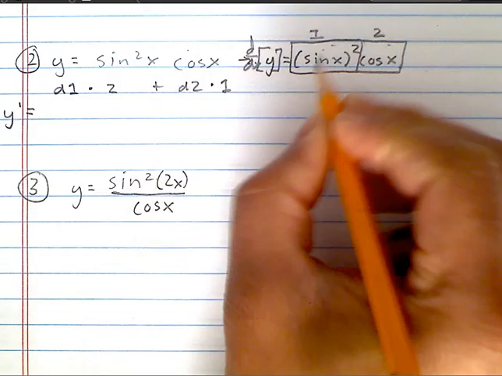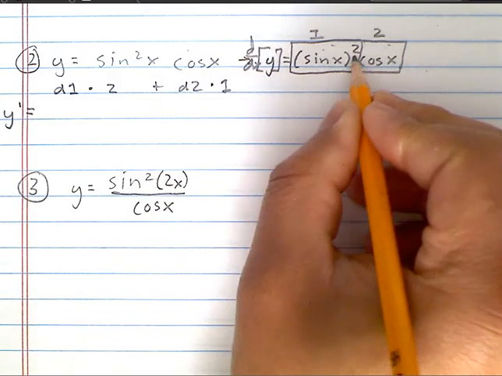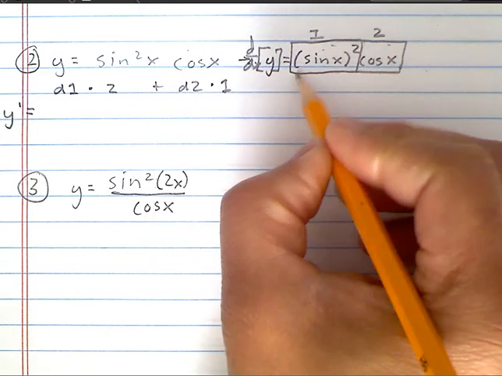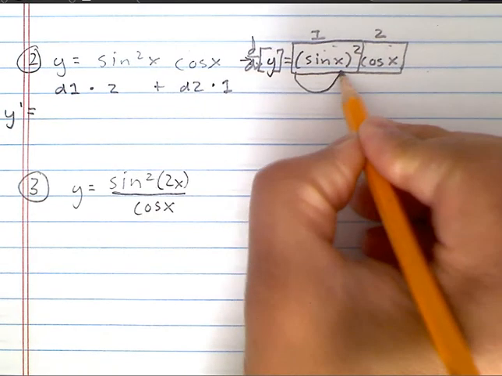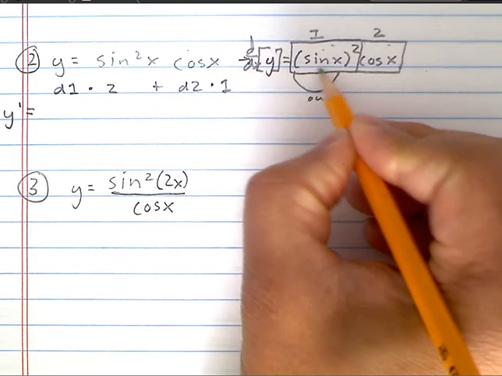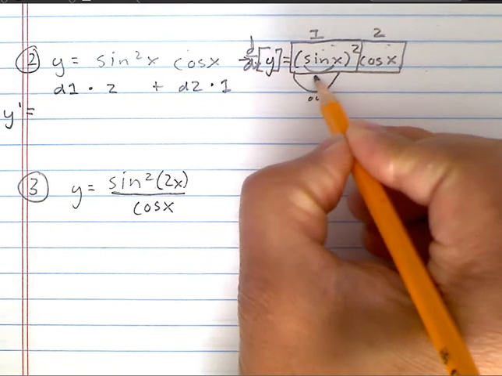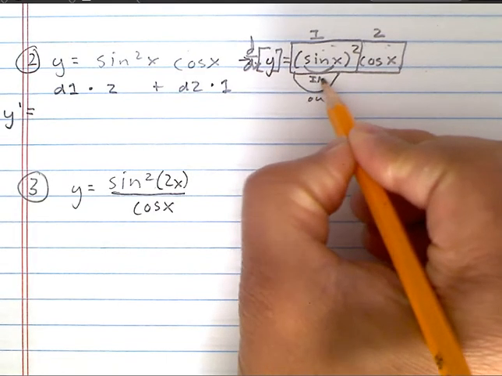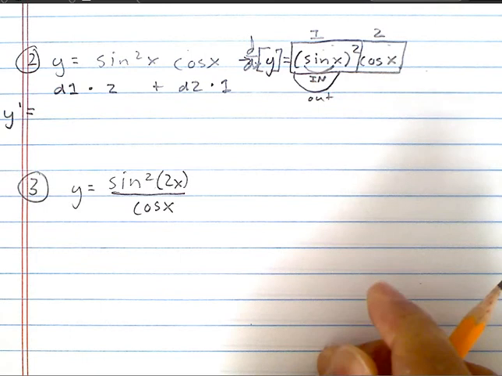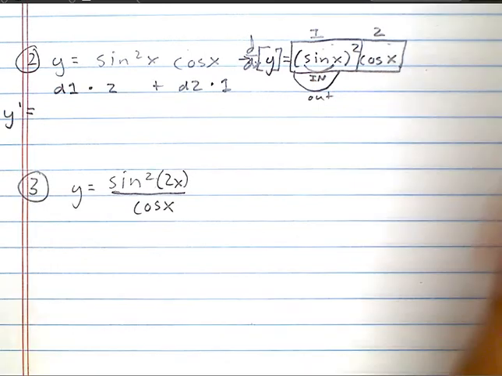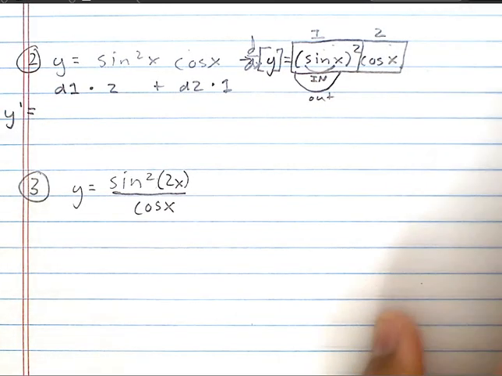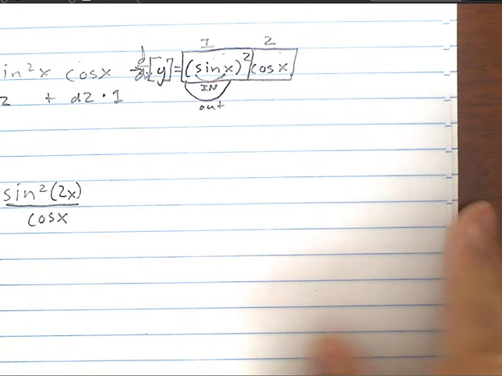The derivative of the first, this is a chain rule because it has an outside and an inside. So derivative of the outside, let's work it off to the side.